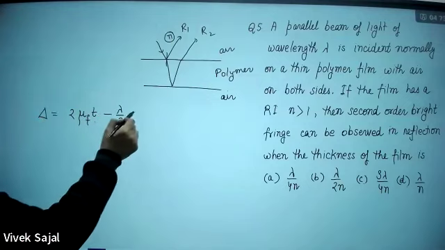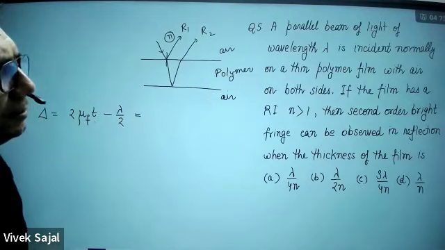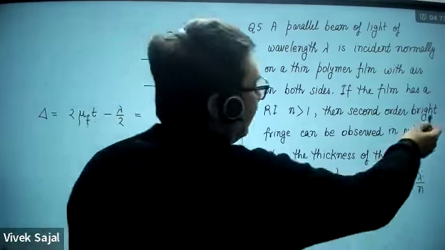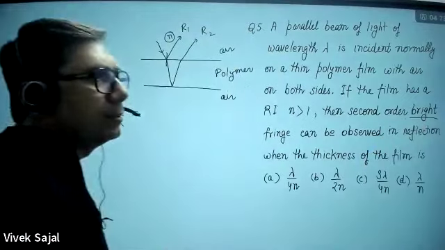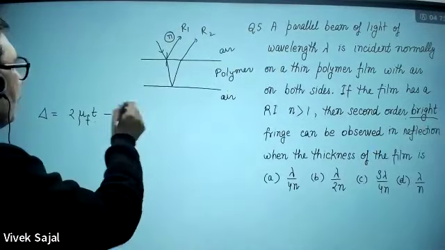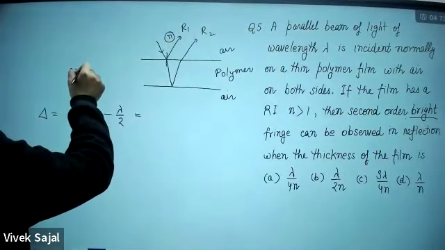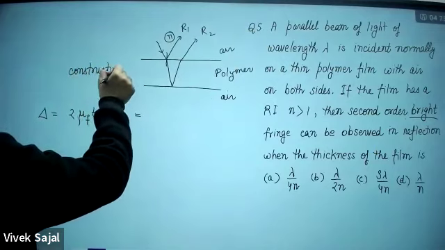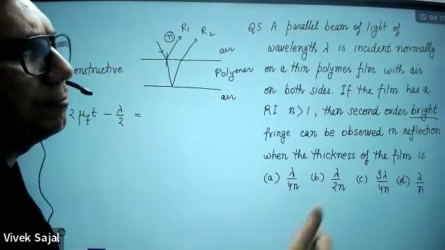For the second order, what is the meaning of second order here? Tell me. For constructive interference, what do you want? You want bright fringes here. So what will be the path difference for constructive interference? Don't confuse with order n equal to 2, 3, 4, 5, 1, 2.